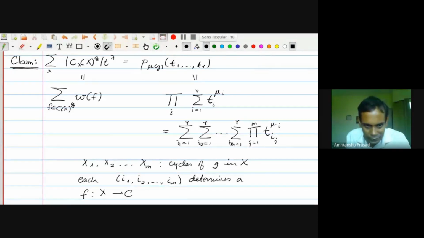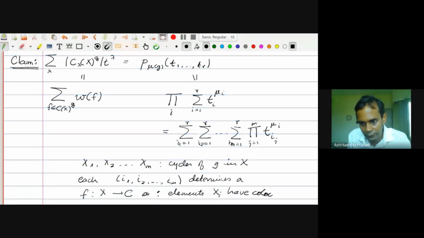The elements of the cycle Xj have color ij.